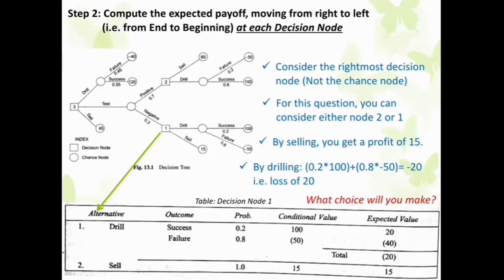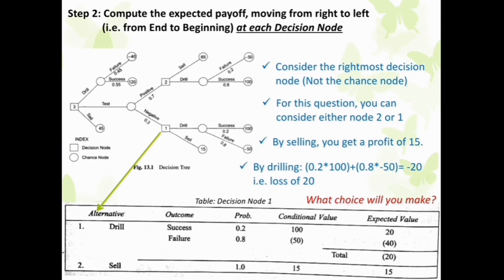At decision node 1, we actually have two alternatives. One is drilling even after the test result turns out to be negative, or selling the land to some other company. If we go for the drilling operation in spite of the negative test results, the chance of success is only 20% and the chance of failure is 80%.